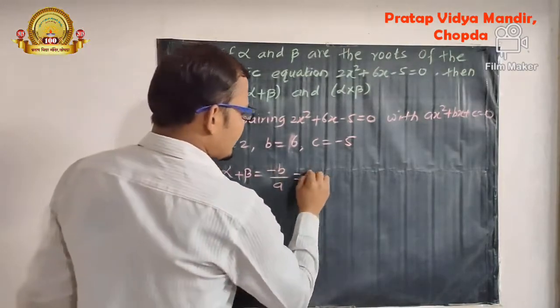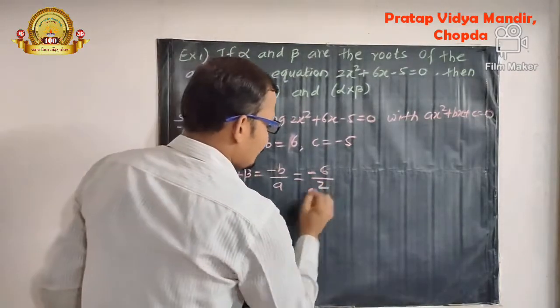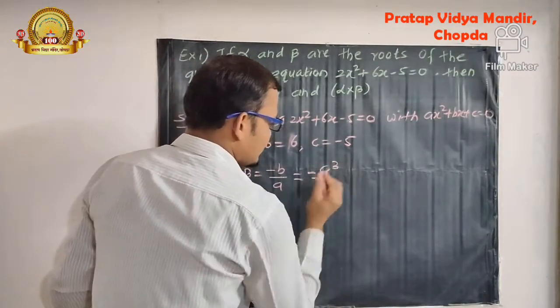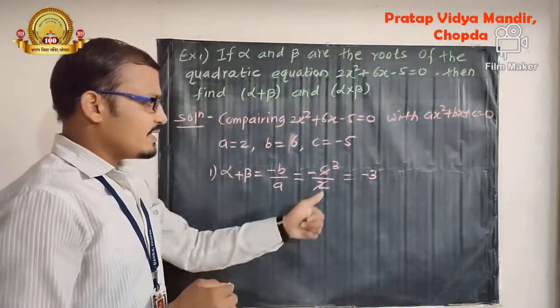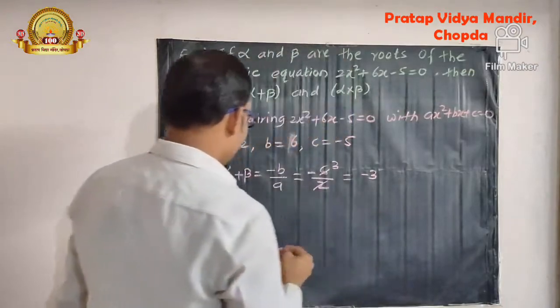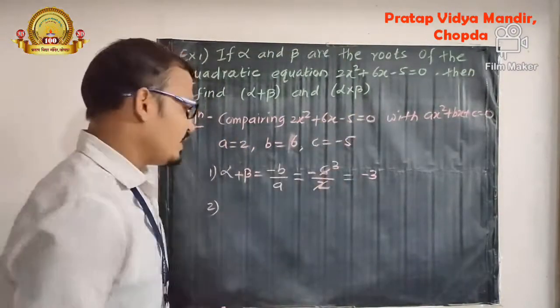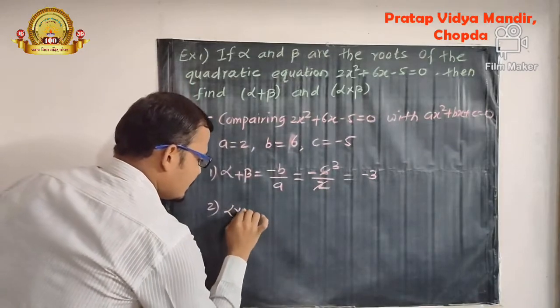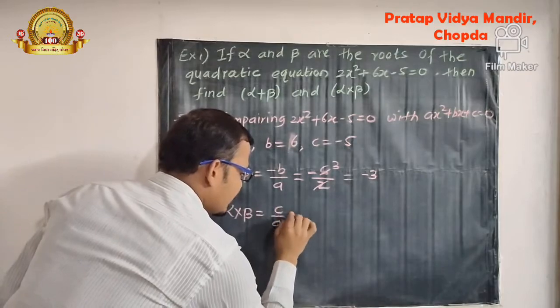What is the value of b here? 6. And what is the value of a? 2. So 2 3s are 6. So we get value of alpha plus beta is minus 3, and our second value is alpha into beta. What is the relation for alpha into beta? That is c upon a.